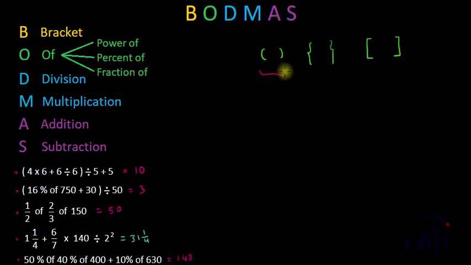So first you have to solve this, then you can solve this, and then you have to solve this. So first priority is given to parentheses, second to the braces, and third priority is given to the box brackets or square brackets. So I think that's all for BODMAS, or how to solve an expression when you have multiple operations or multiple varieties of brackets.